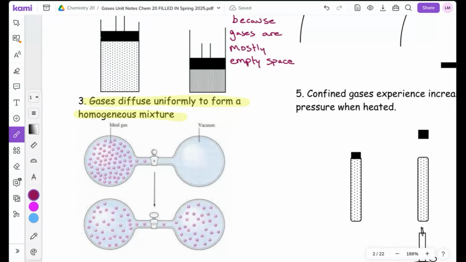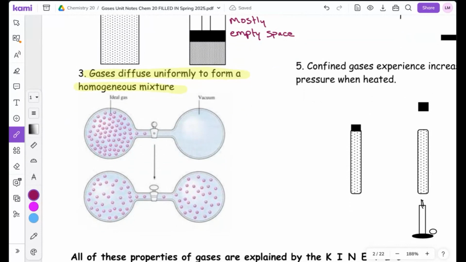Passive just meaning you don't need to put any energy into it. If we look at this diagram here, initially we have this ideal gas here in a high concentration. I'm just abbreviating concentration to CONC. And then over here where there's the vacuum, we can say that that's a low concentration of whatever gas we're talking about.